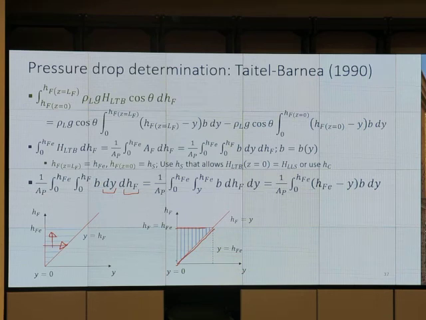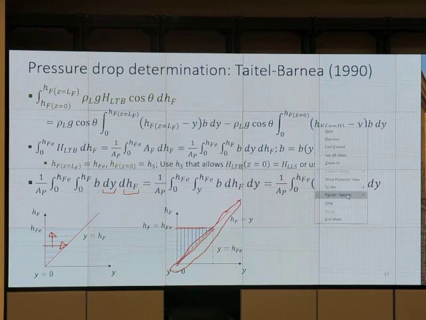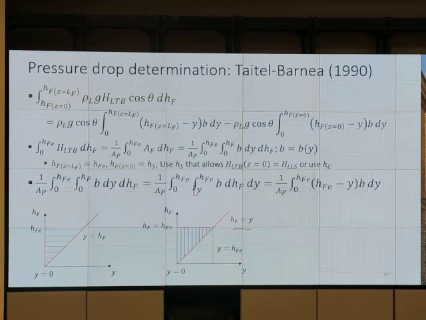I want to go up. I have to start from that 45-degree line. And that 45-degree line is what? HF equal to y. So that's why my integration limit starts from there. So I start from the inclined line, and then I move until my HF equal to HFE, which is that line.